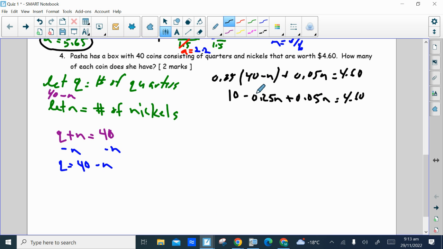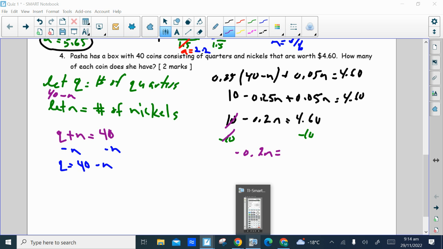If I combine the negative 0.25 N plus the 0.05 N, that'll give me negative 0.2 N. I'll then subtract this 10 from both sides. They'll cancel on the left, and I'll have negative 0.2 N equaling 4.60 minus 10.